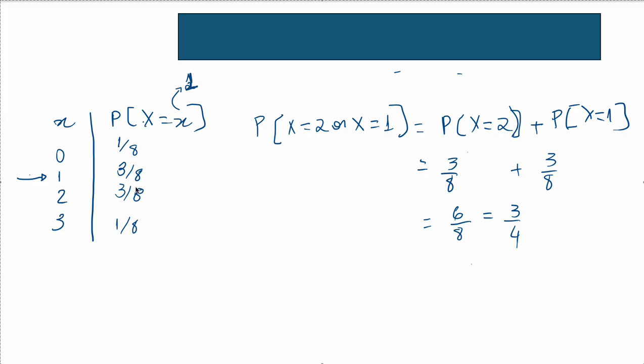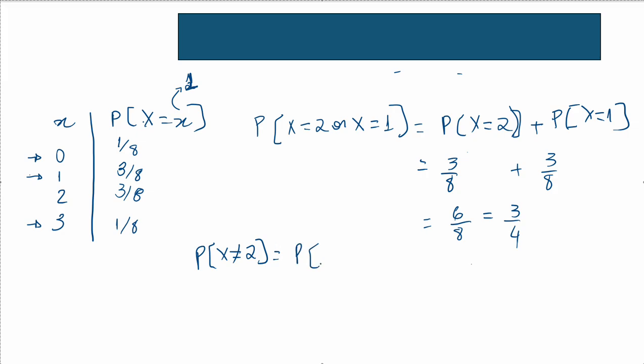I can ask you another question. For example, the P of X different than 2. Well, what is X different than 2? So you can think about this. In your experiment, it's having this line, and not this one and this one, right? So you can just look and sum up those.